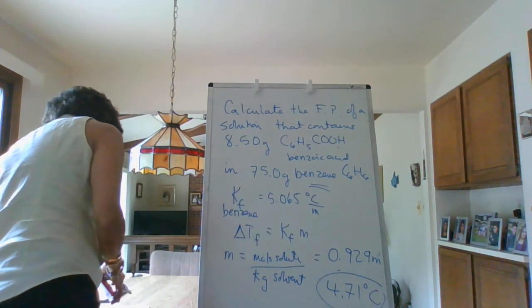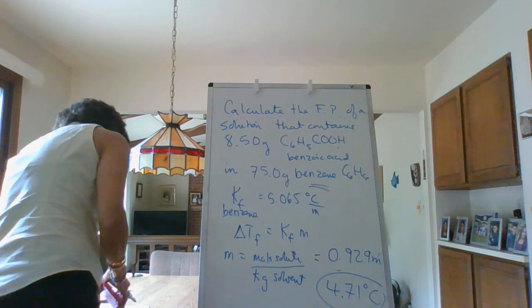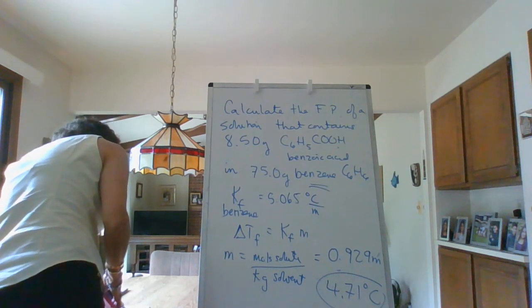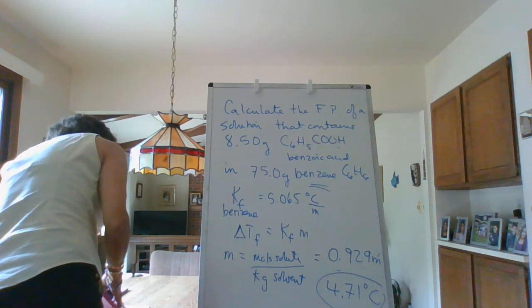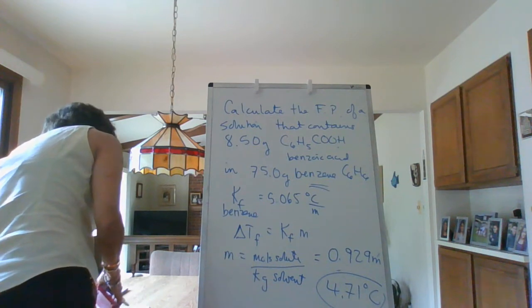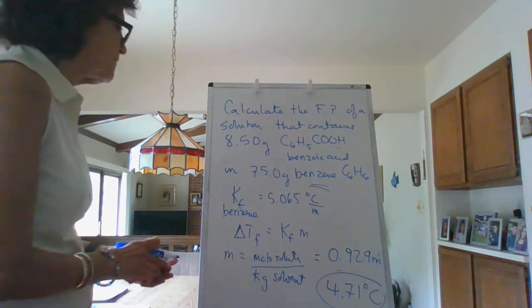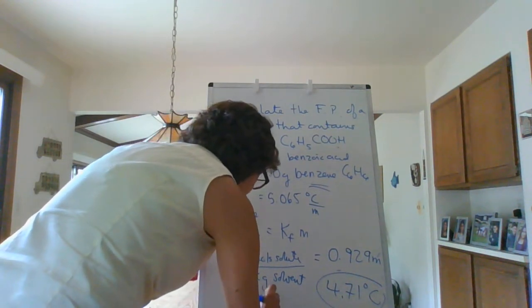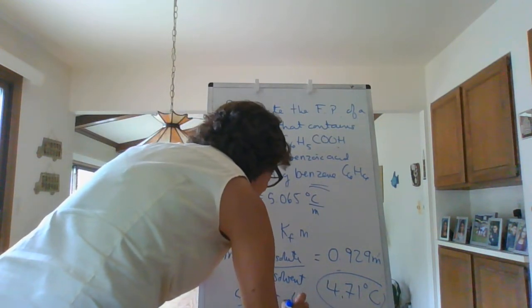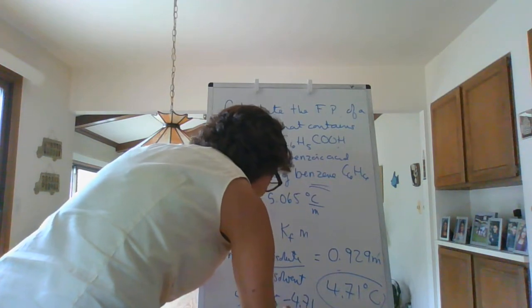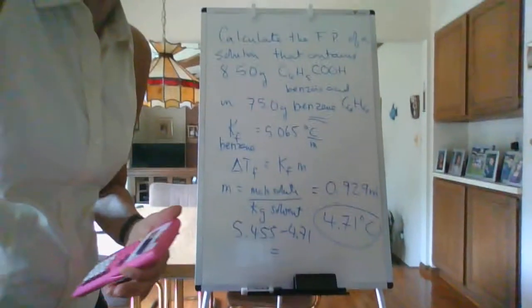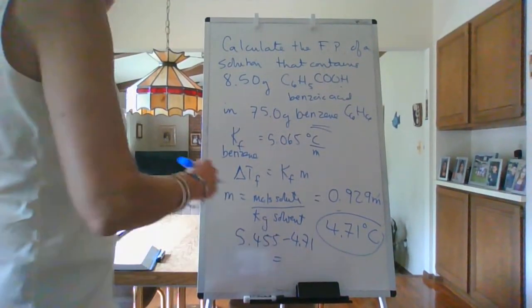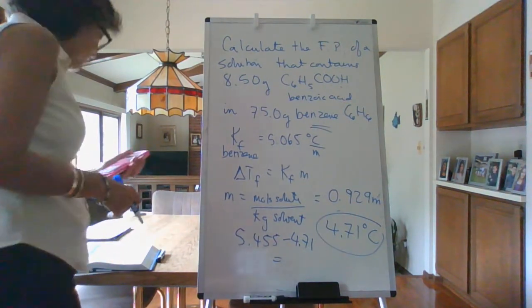You can find it in this table also. This table says that the freezing point of pure benzene is 5.455. So 5.455 minus 4.71. Okay, I got that 5.455 from the table 12.3.